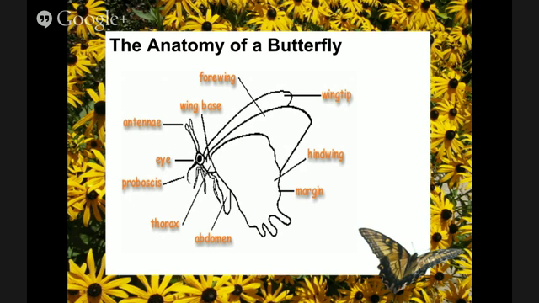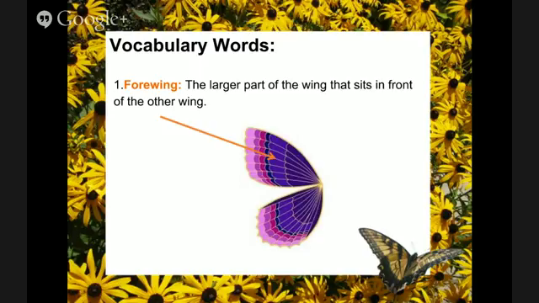Here we have a picture of all the different parts of a butterfly, which you will see on your worksheet too. Here are some important vocabulary words which are found on the different parts of a butterfly. First, we have the forewing. The forewing is the larger part of the wing that sits in front of the other wing.